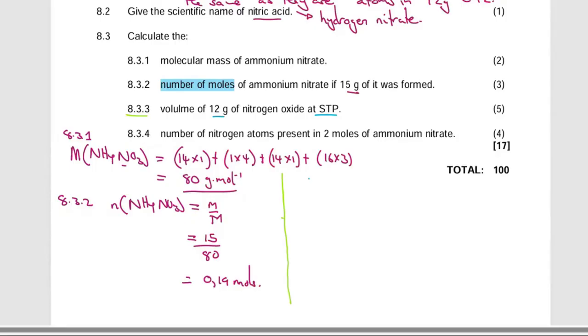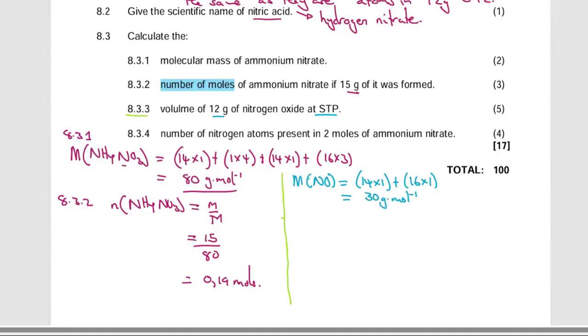I'm going to start with the molar mass of NO. Nitrogen is 14 multiplied by 1, plus your oxygen, how many oxygens do we have? We only have 1, 16 by 1, right? If we do our math, 16 plus 14, we get a value of 30 grams per mole, right?